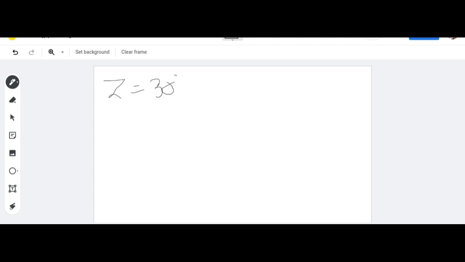So now we have to find the adjacent pair of angles. We have to follow the property of the given parallelogram. So for the adjacent pair of angles, we have to do like this: X plus Z plus 40. Now we have to add all of these, X, Y, Z. We have to follow the order.